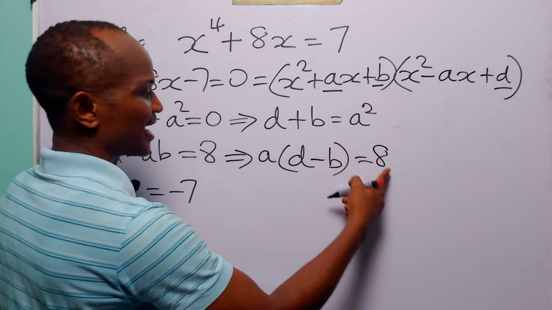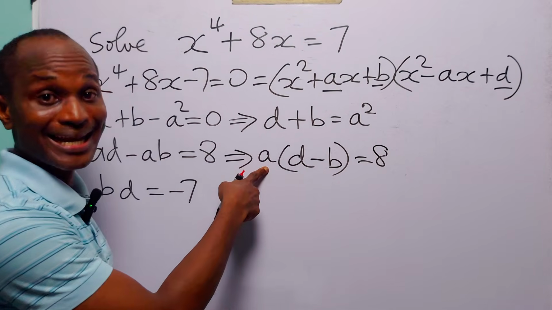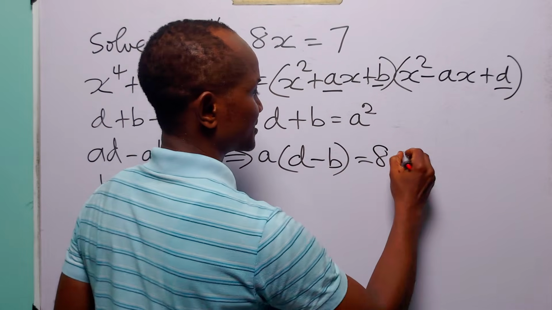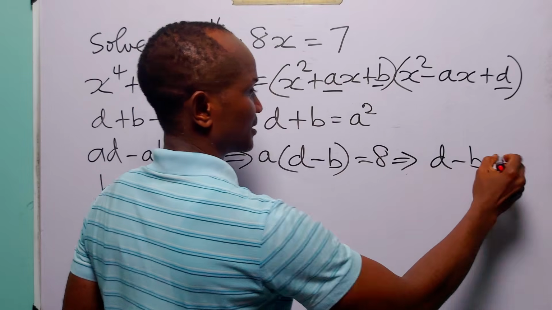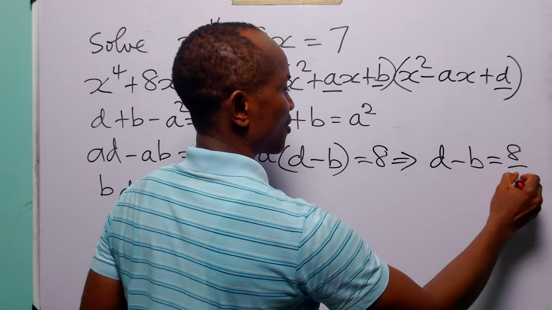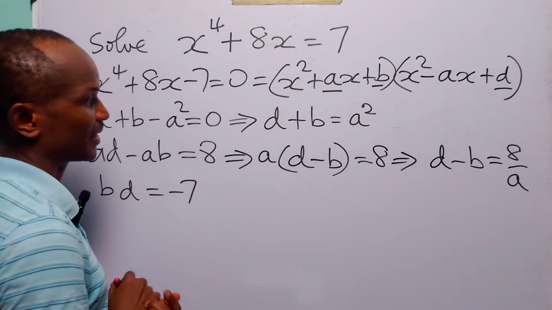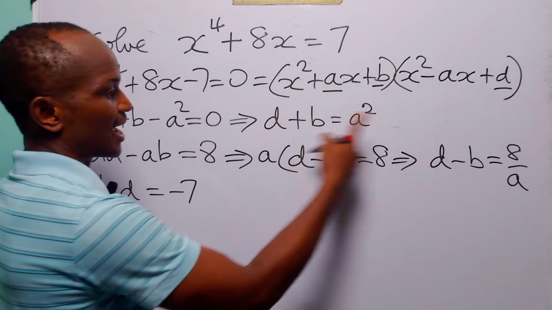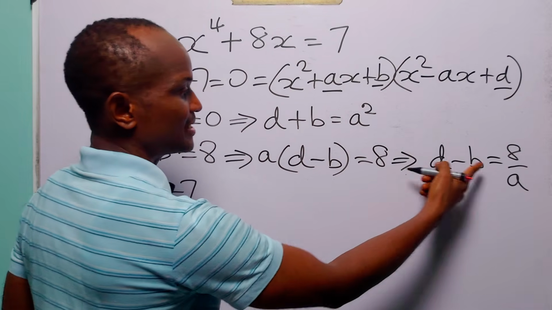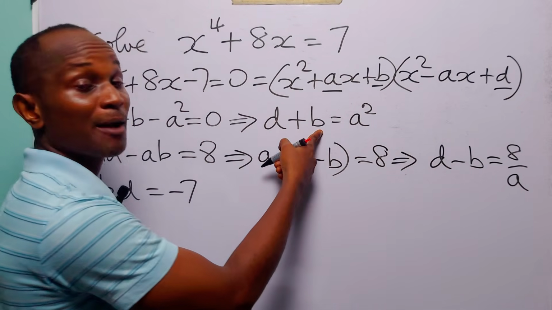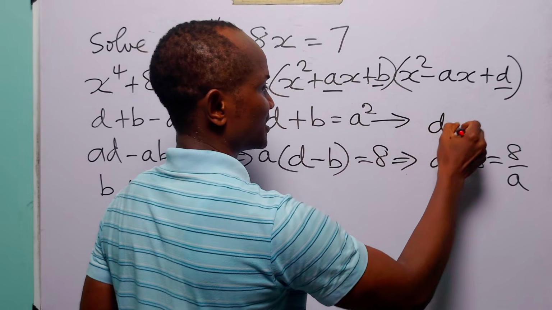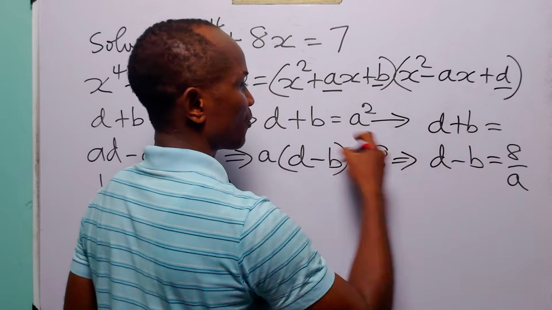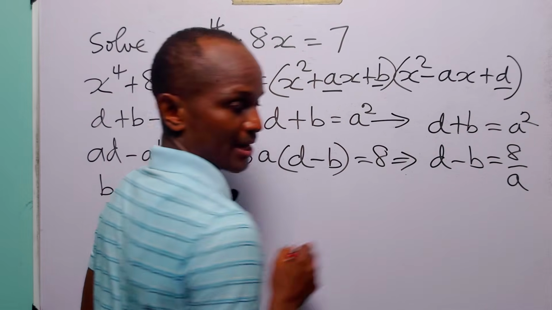Now, let us divide both sides of this equation by a. When we do that, we have that d minus b is equal to 8 over a. Now, look at this first equation and this second equation, d minus b, d plus b. Here we have d plus b is equal to a squared.